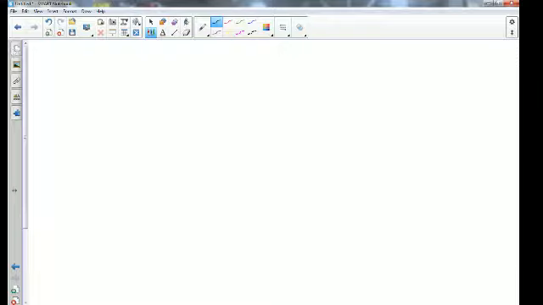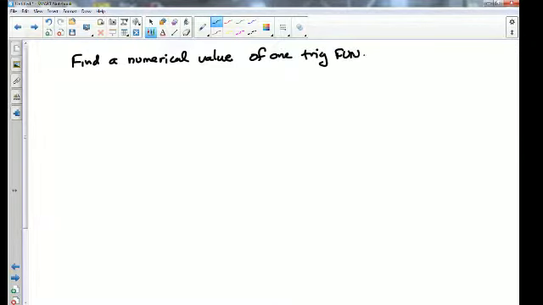It will say find a numerical value of one trig function. Don't forget to put the fun in function. Don't bomb it.